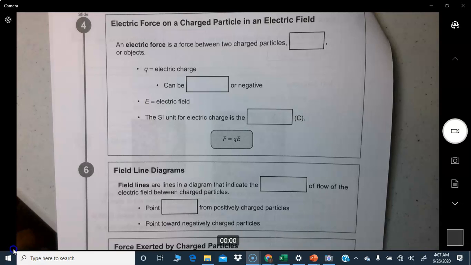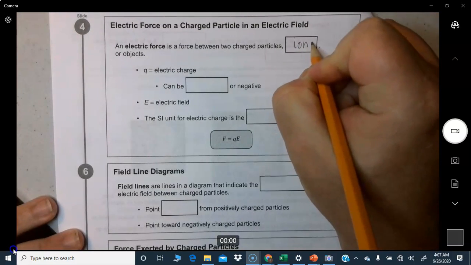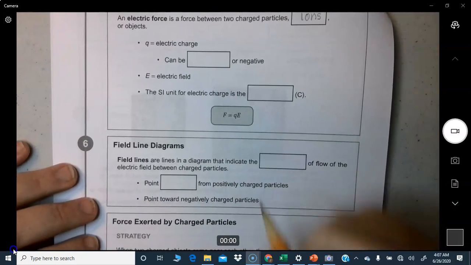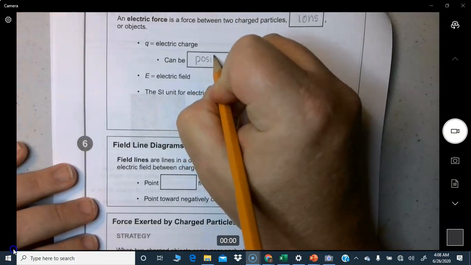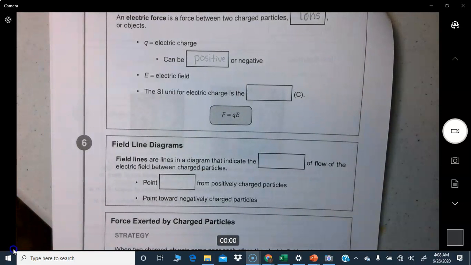Okay, so an electric force is a force between two charged particles. Those are called ions or objects. Q, electric charge, can be positive or negative. E is electric field.